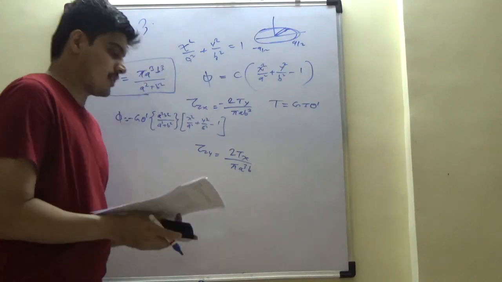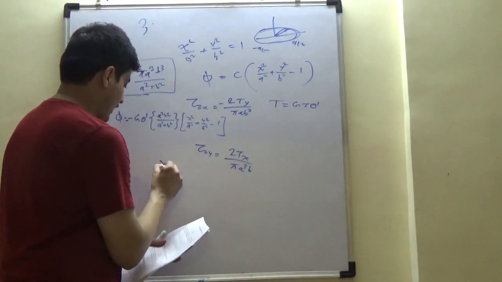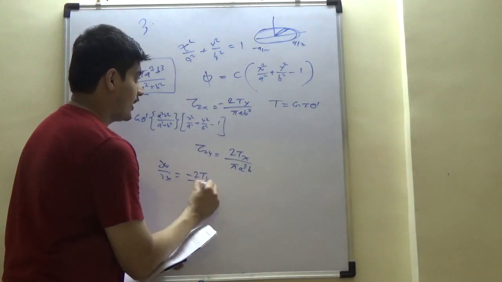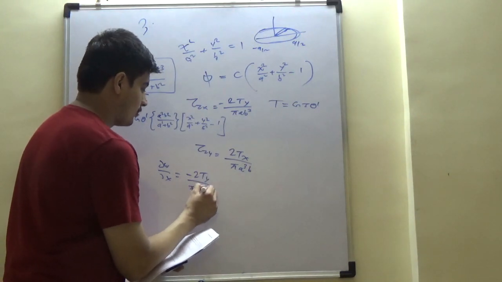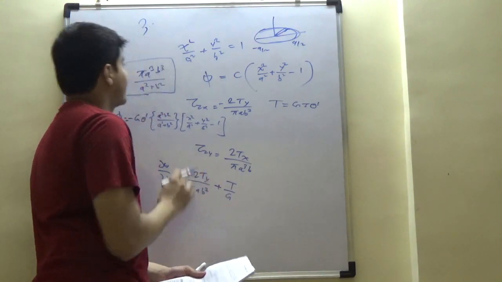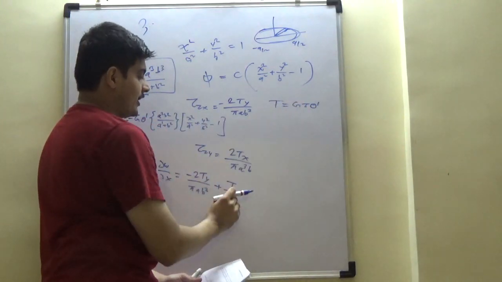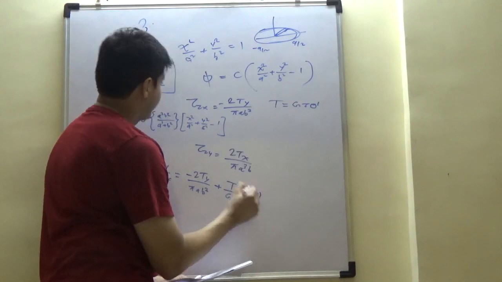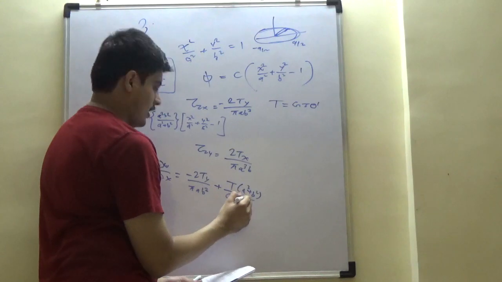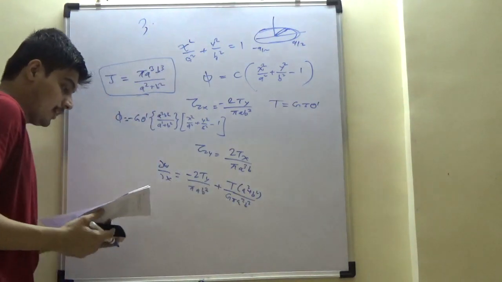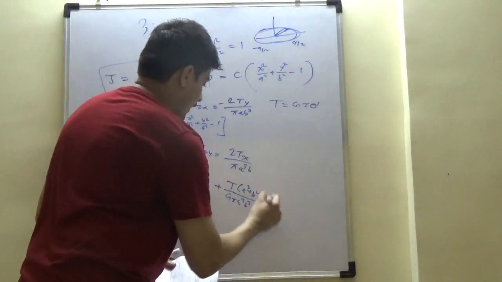If these two stresses are known, del w by del x is going to be minus 2ty upon pi a b cube, right? Plus theta dash t upon gj, a square plus b square upon a cube b cube, so fine, right, into y.